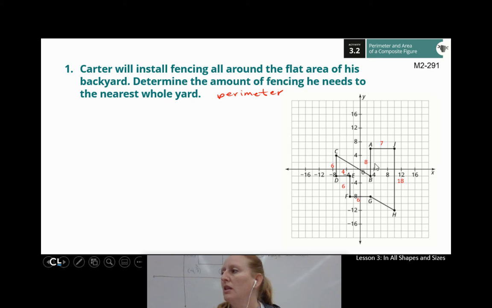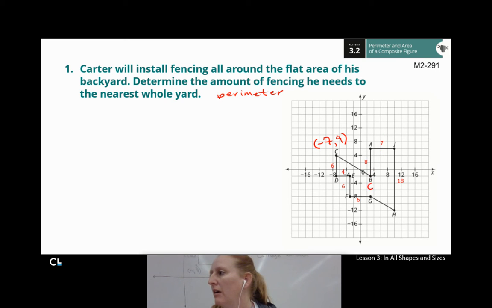So I know most of the lengths, but I need to do a little bit of distance formula to help me do CB, to help me do GH. Let's start with CB. It looks like CB, I do want the coordinates there. It looks like it's 2, 4, 6, 7, -7, and then up 4. And it looks like B is sitting at 3, -2.